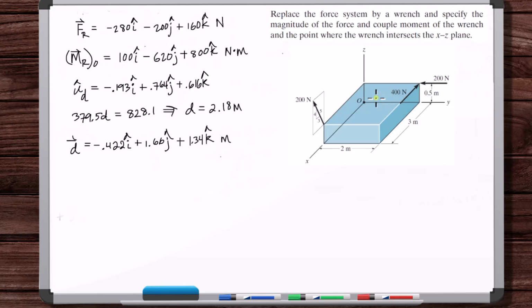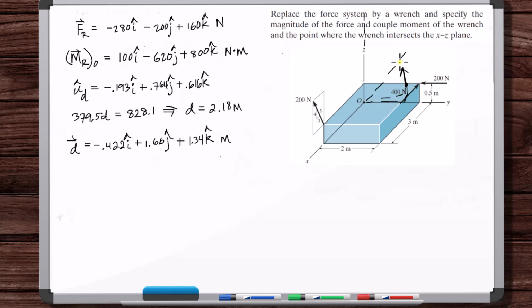What you can imagine is the wrench is located somewhere here. That's the tail of the wrench. And then the wrench is directed into the page. This is out here in the negative X, positive Y area.